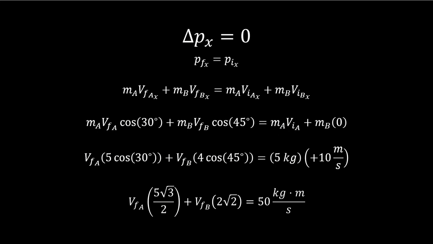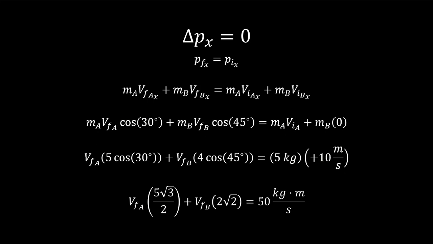So that breaks up our equation into the mass of object A times its total final velocity times cosine of 30 degrees, as it is deflected by 30 degrees, plus the mass of object B times its final velocity times cosine of 45 degrees. And that is going to be set equal to the mass of object A times its initial velocity plus the mass of object B times 0.